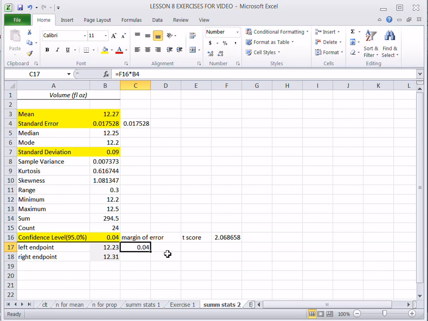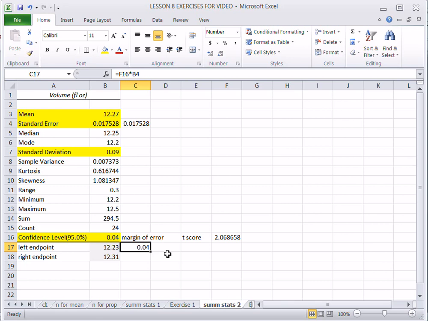All right? So we have a mean volume of 12.27 fluid ounces, give or take 4 fluid ounces, and this is an estimate of the average weight.